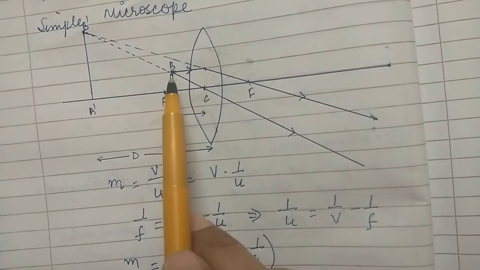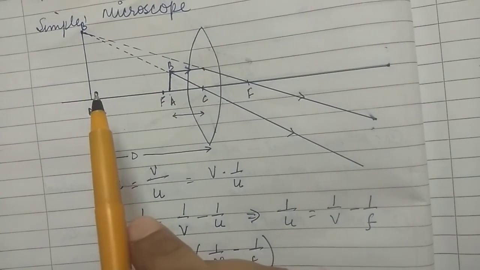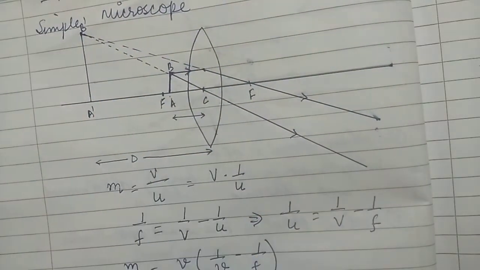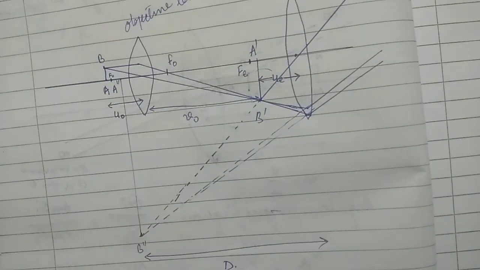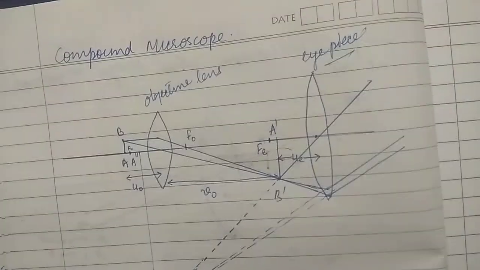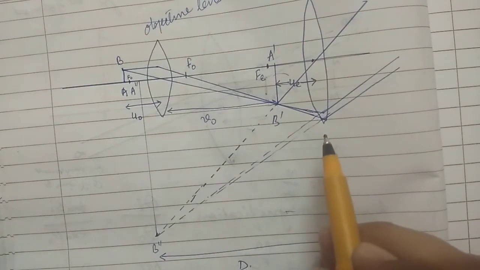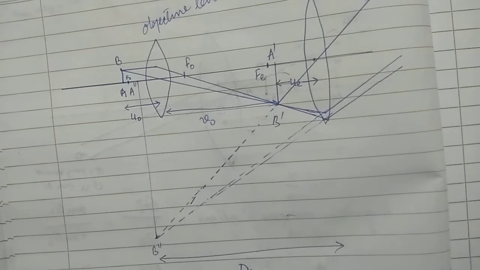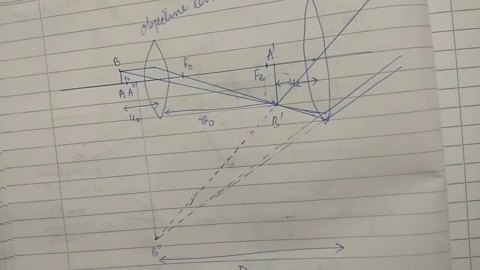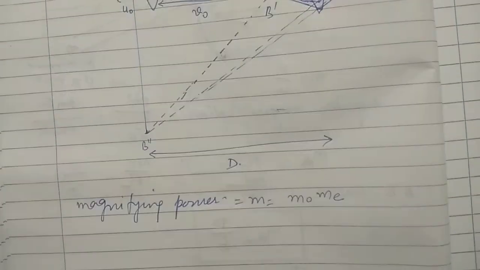This is the small object and it has made this virtual image. So I can simply write the magnifying power of this as 1 plus d over f. f is Fe here, the focal length of the eyepiece. But what is the magnifying power of this? This we can use the formula V over U.